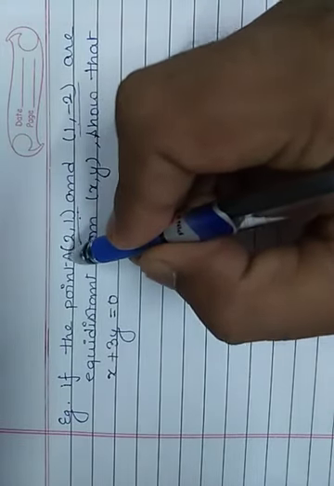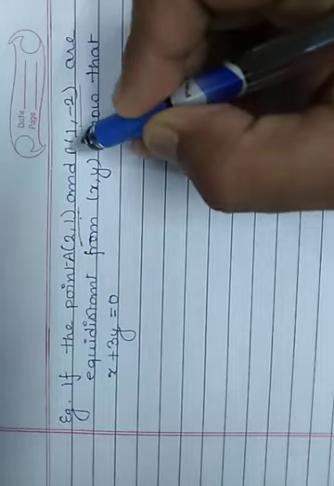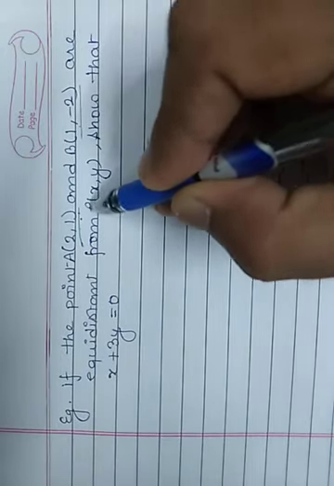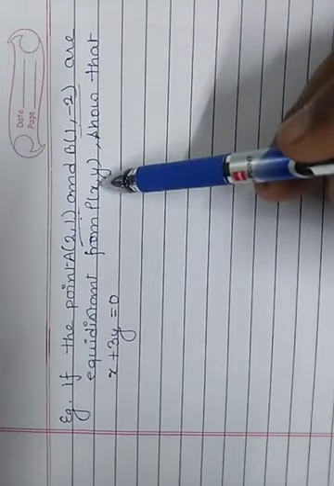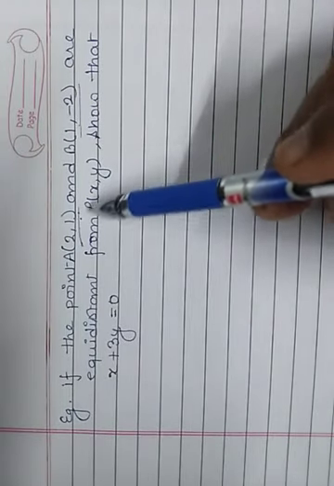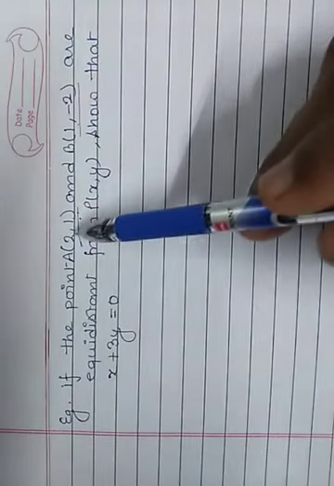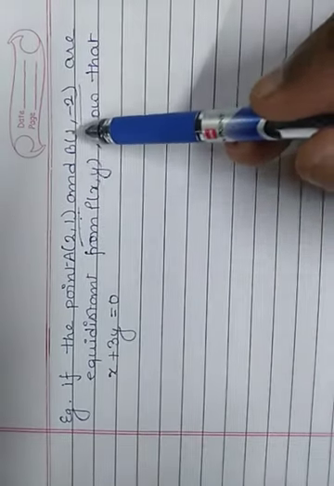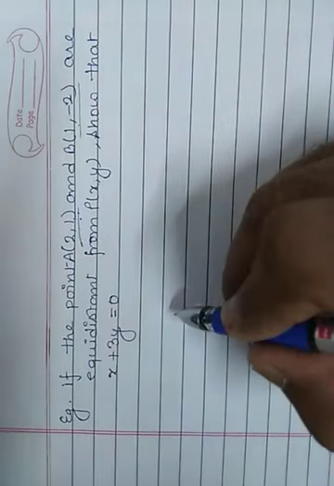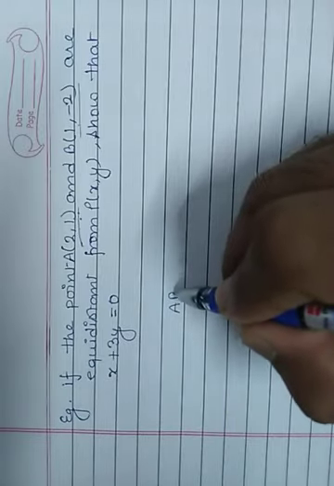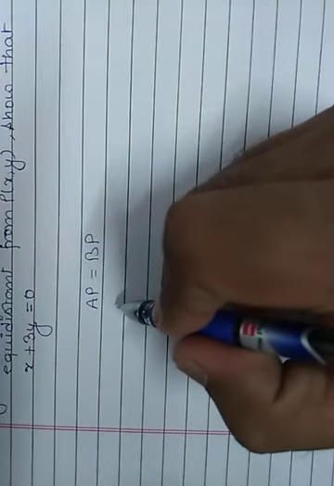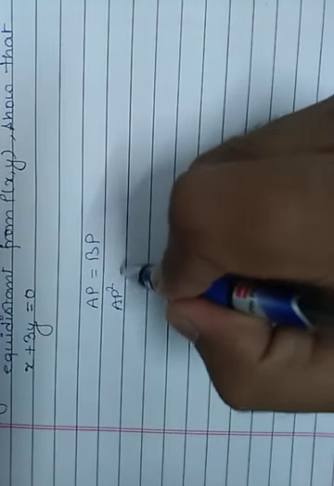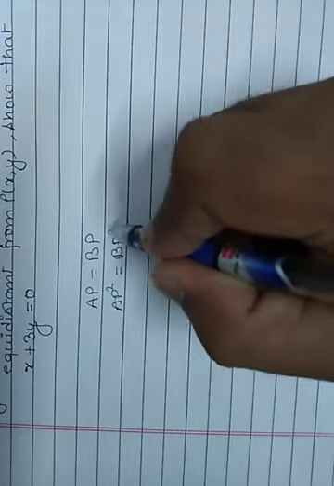Let this be point A, this be point B and this be point P. As the 2 points are equidistant from this point, it means the distance of A to P and the distance of B to P are equal. So I will write that AP is equal to BP. Again I will square both sides. So it becomes AP squared is equal to BP squared.